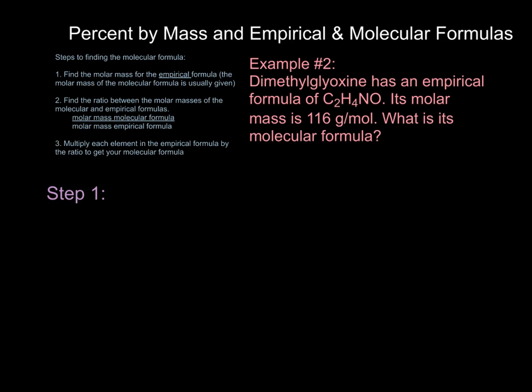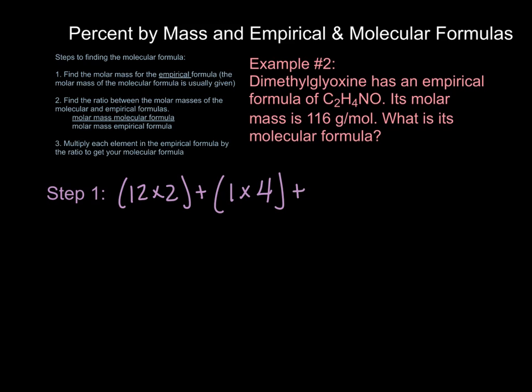And step 1 in our steps to finding the molecular formula says to find the molar mass for the empirical formula. So I have 2 carbons, each with a molar mass of 12, and I have 4 hydrogens, each with a molar mass of 1.